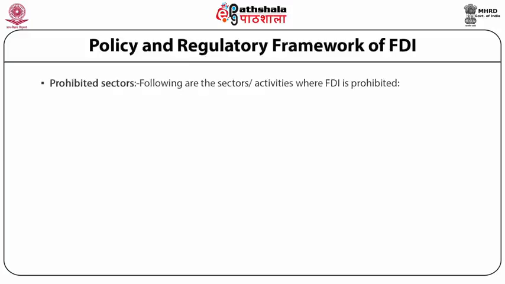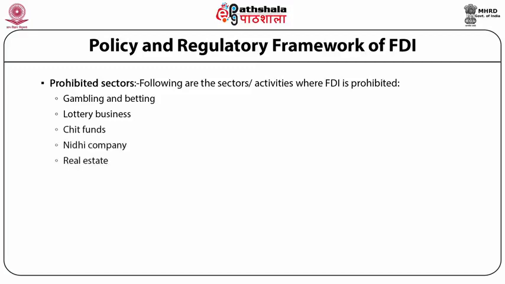Second is prohibited sectors. The following are the sectors or activities where FDI is prohibited. First is gambling and betting. Second is lottery business, chit funds, Nidhi company, real estate, retail sector, atomic energy, etc.